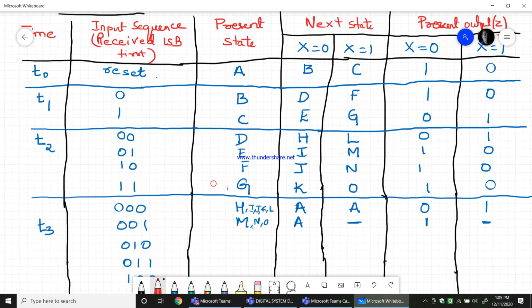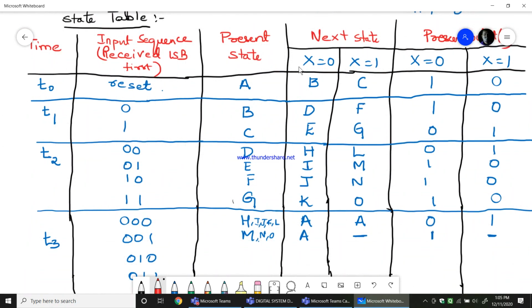See, we are writing next state for when input is 0 and input is 1. When I have input 0, at these two stages, HIJKL and MNO, the next state would remain as state A, because we don't have any other state to go after T3. When x equals 1, for HIJKL in the state diagram, there is no carry even when x equals 1, therefore it remains in the same state A. But for MNO, when input was 1, we saw that the carry generates.